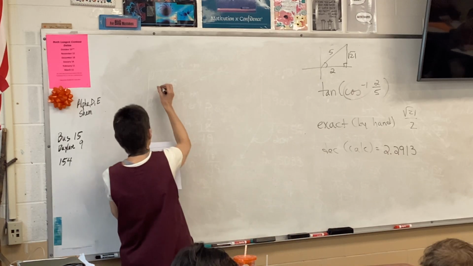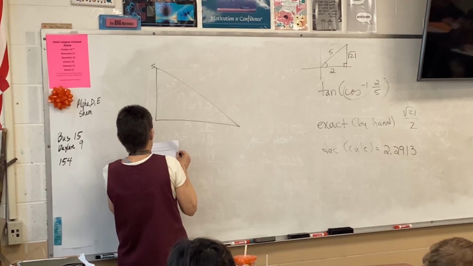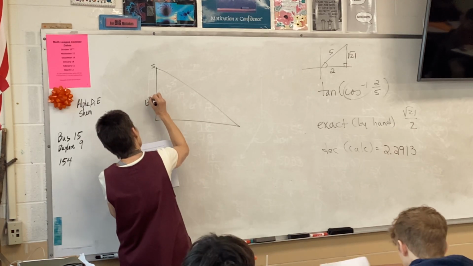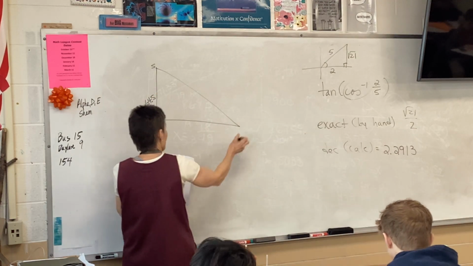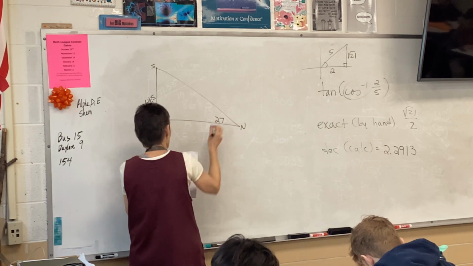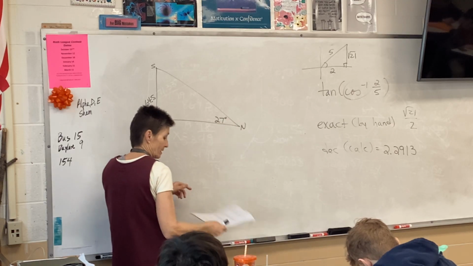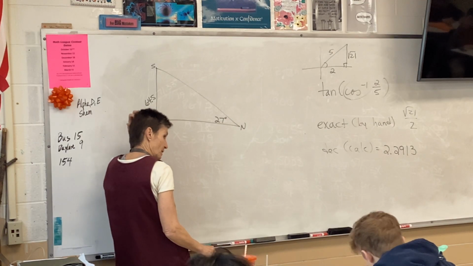Squirrel on the top of a tree. 64.5 feet tall. Looking at a nut on the ground, of course. Angle is 27 degrees. Find the distance from the squirrel to the nut.